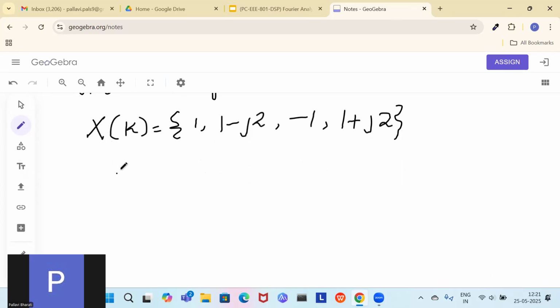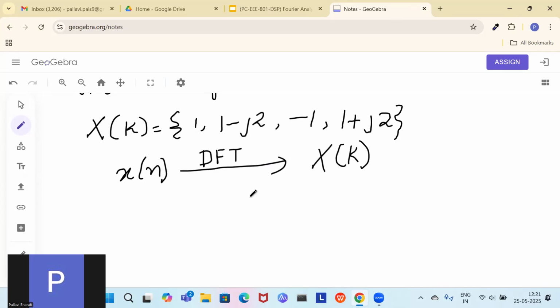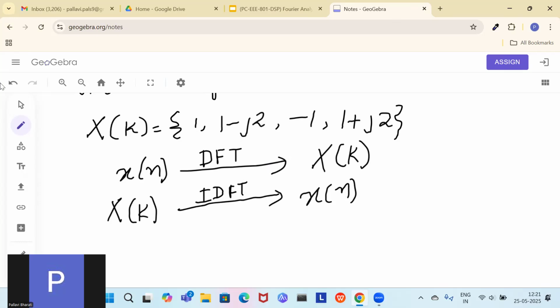If you are given a discrete time sequence x(n), using the discrete Fourier transform it gets transformed to X(k), and if X(k) is given, using the inverse discrete Fourier transform it gets transformed to x(n).